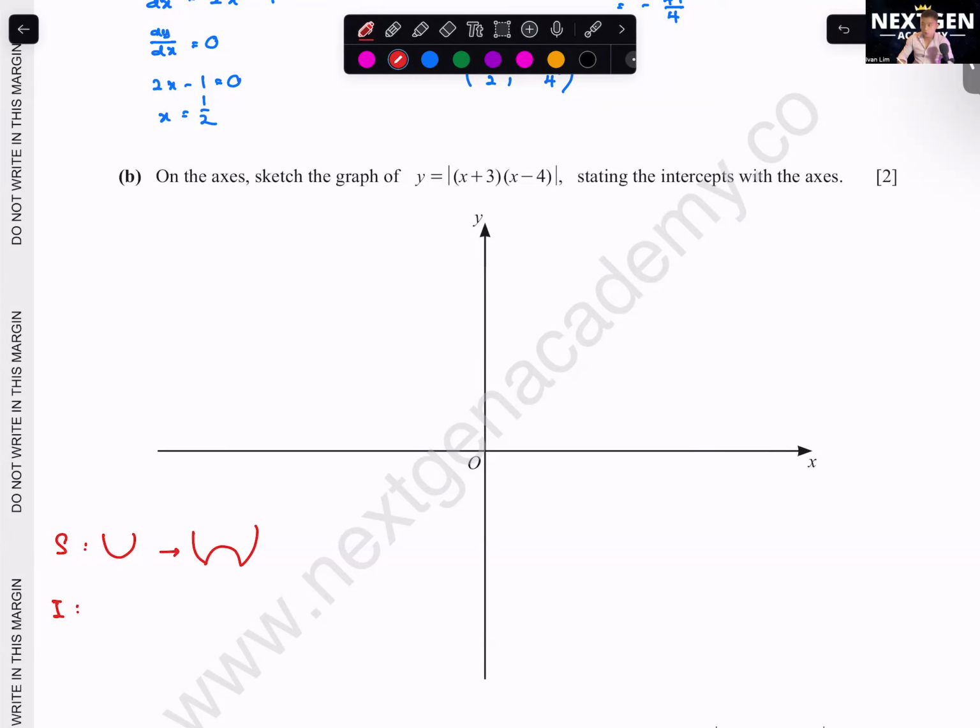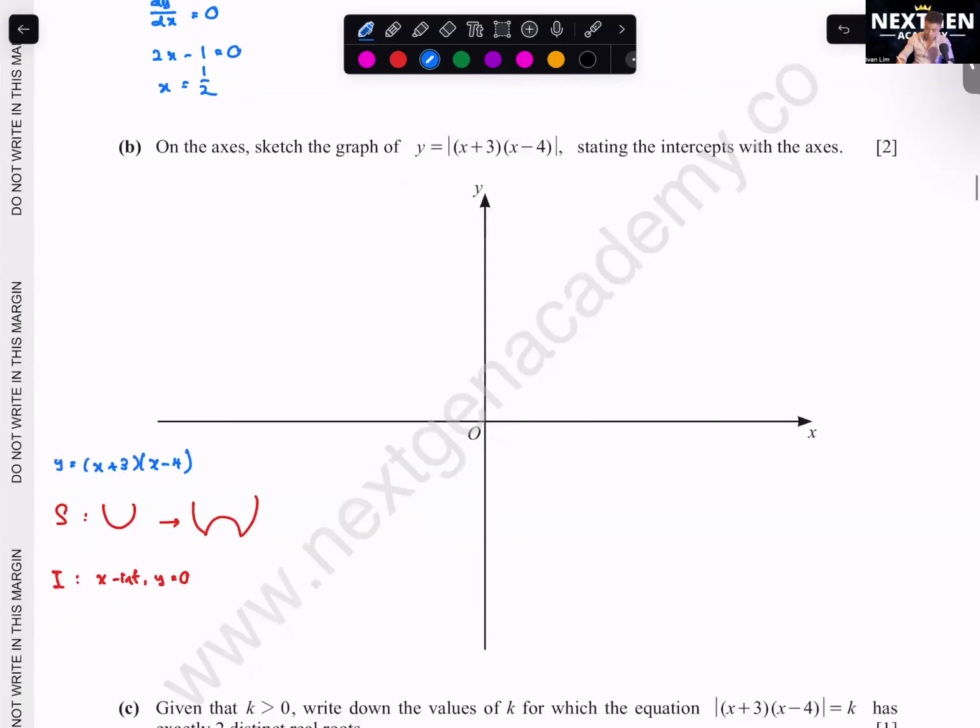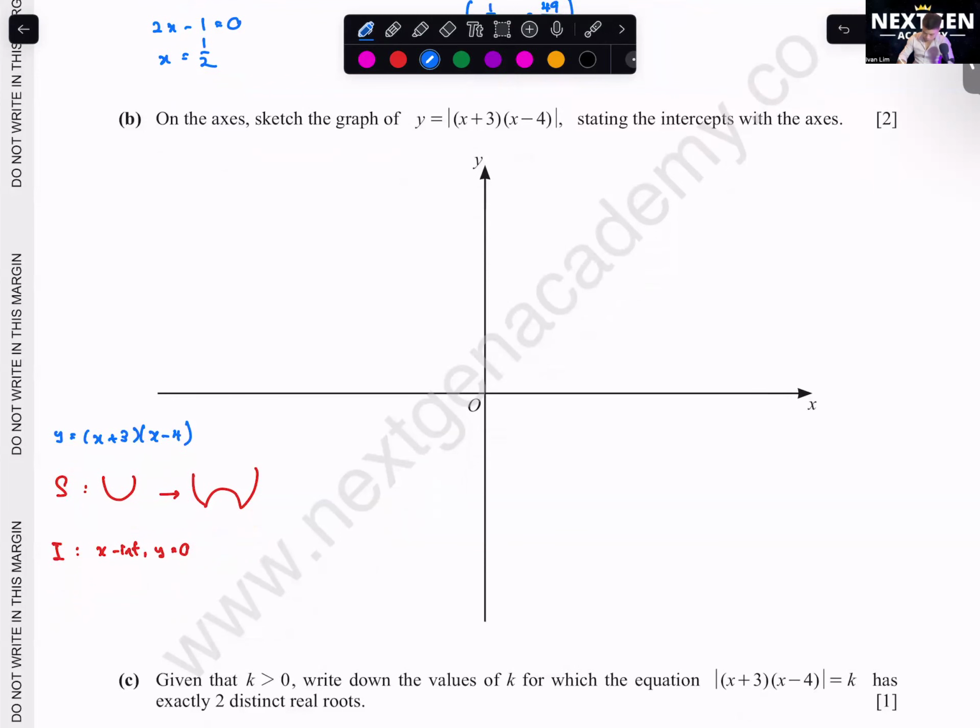I represents your intercepts. Let's find the x-intercept and y-intercept. When we do our calculation, don't do it with the modulus first. Just do it like this first, because we want to sketch the original graph, then only we reflect it up. For the x-intercept, y equals 0, so (x + 3)(x - 4) equals 0, x equals negative 3, x equals 4. For the y-intercept, x equals 0.